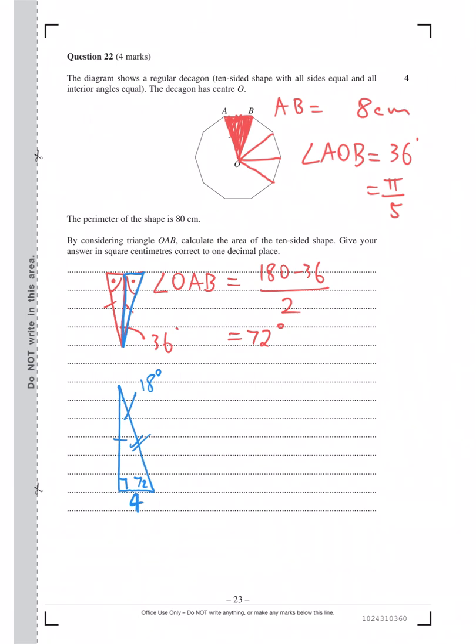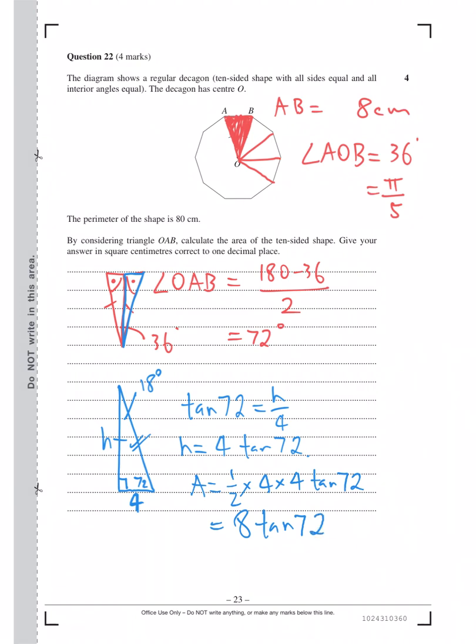To be able to find the area of my triangle here, I really just need this height. So to go find that height there, I could say tan 72 is equal to h over 4, or h equals 4 tan 72. To find the area of this blue triangle here, I would say area is equal to half multiplied by 4, which is the base, multiplied by the perpendicular height, which is 4 tan 72, which would be 8 tan 72.